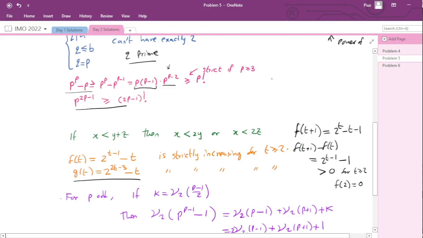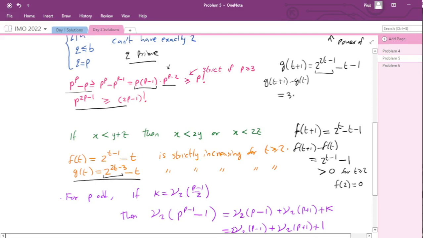So very similarly, we have g. So let's do that up here. G of t plus 1 will be 2 to the t minus 1 minus t minus 1. Okay, so if we take the difference, you see the increment, we'll get that this is equal to, so this is going to be 4 times this value.